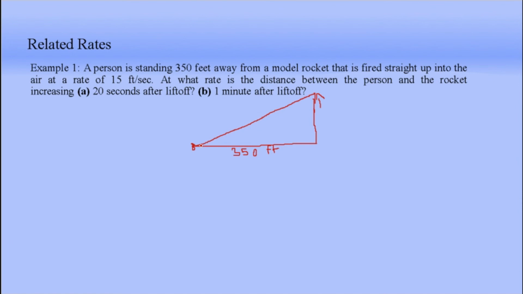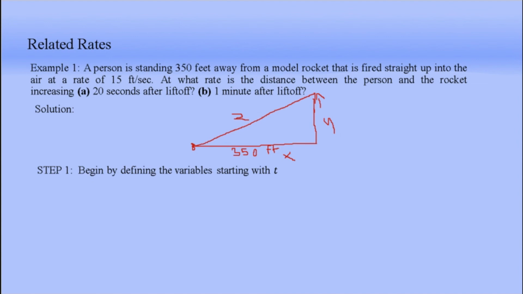Distance between the person and the water rocket as it continues to increase up in the air. So let this be x, and let this be y. Also let this be x.